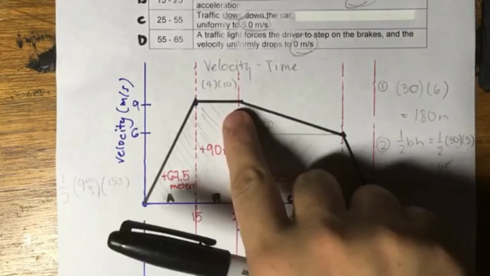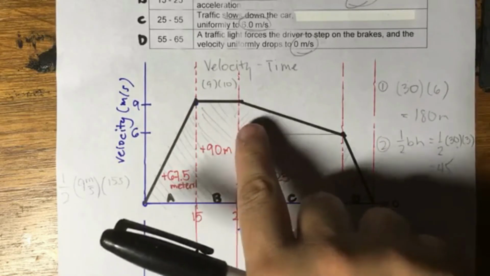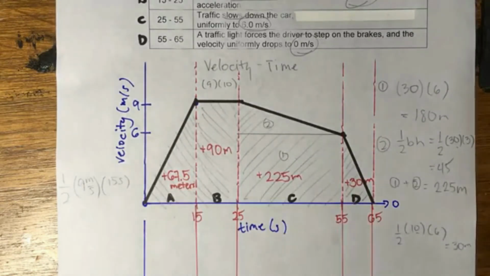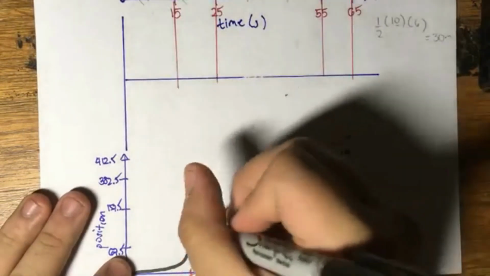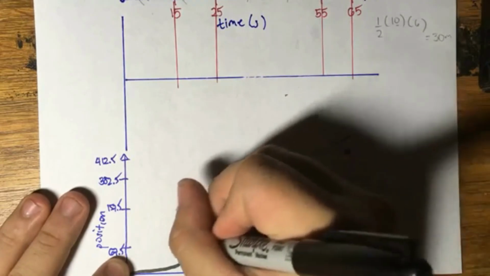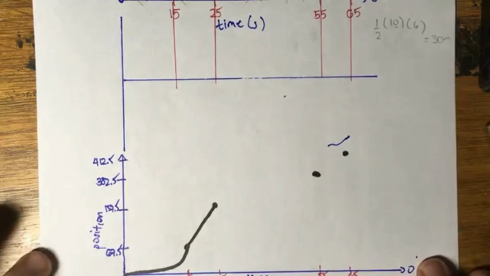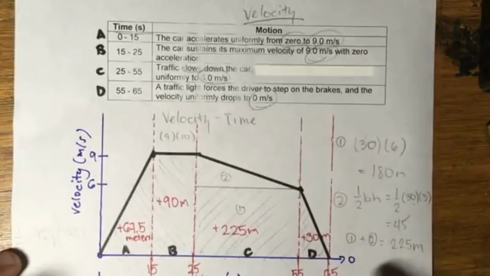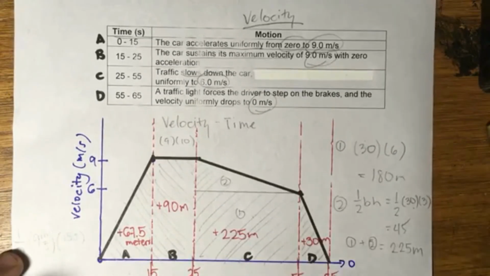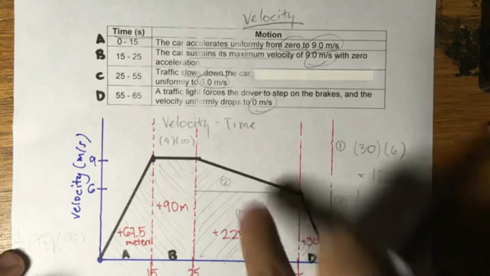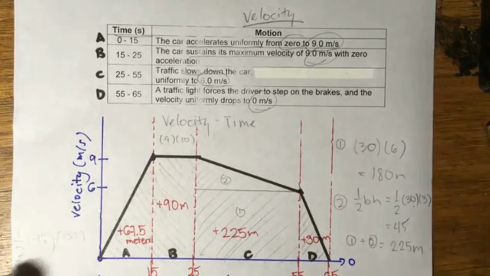In this bit, you are going at a constant rate, but it's a positive velocity. So if you're going constantly in a positive velocity, you're still moving forward, and you can have just a simple straight line connecting these 2 points. How about this one? You are going to slow down a little bit. When you are slowing down, you start off really steep, 9, and then you become a bit less steep at the end, 6.